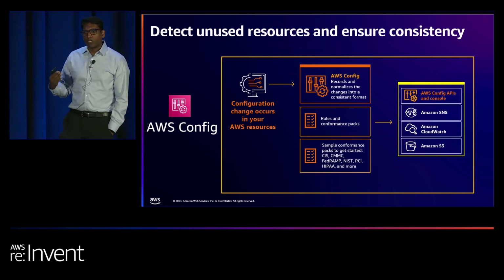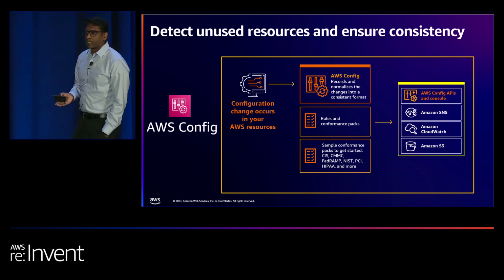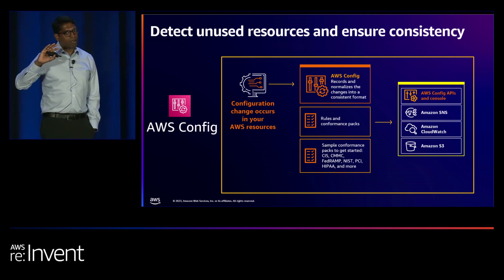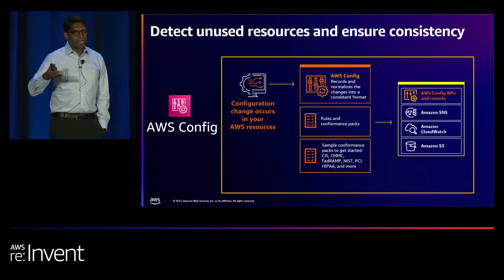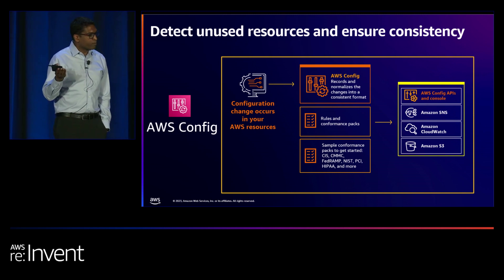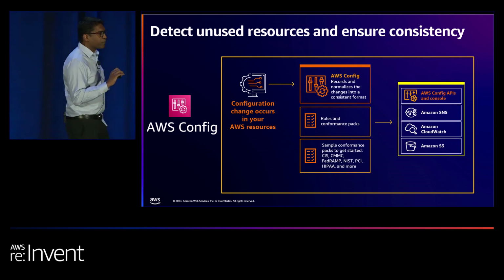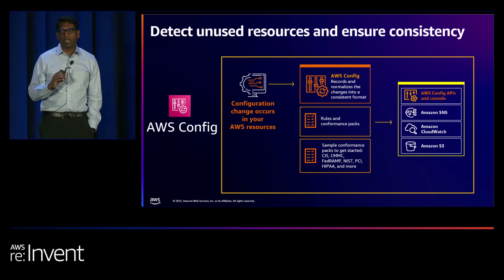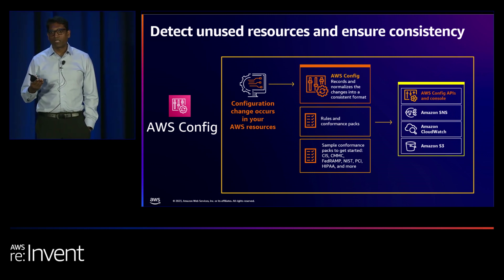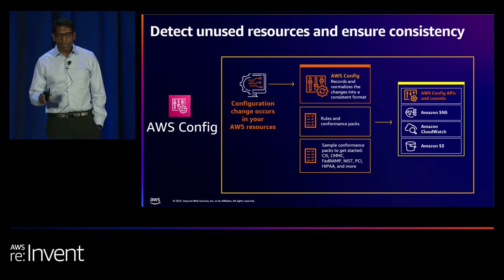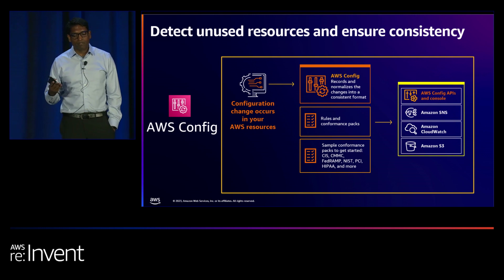And then to ensure consistency across the organization, to ensure that all of your resources are following the cost-optimized principles, like an S3 bucket using lifecycle policies, again, use AWS Config rules to identify where the misconfigurations are within your multi-account environment. We offer a collection of config rules, which we call conformance packs.